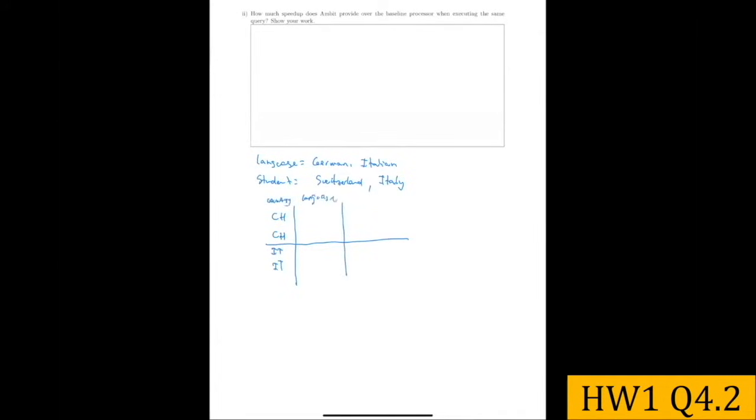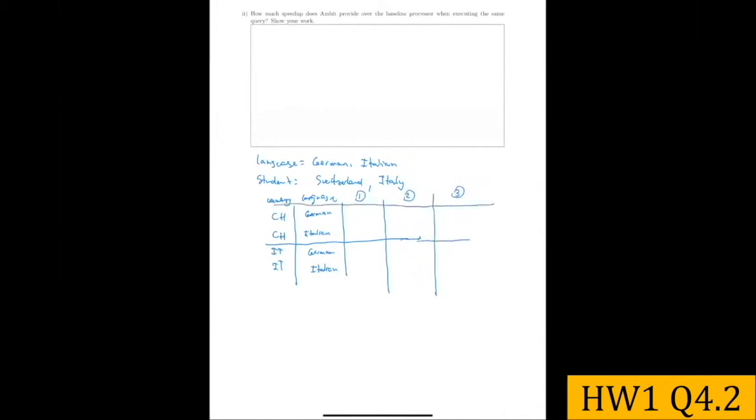The student can speak German, or Italian, right? German, Italian. So in the first query, let's say this is your database, right? And then you have 3 queries.